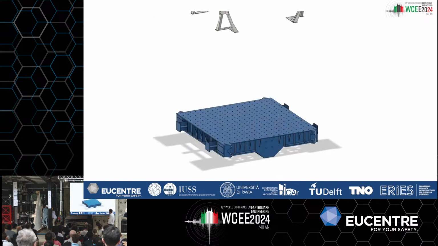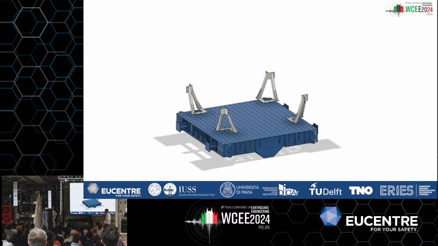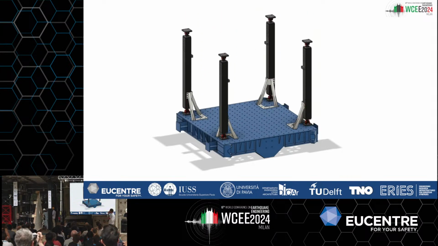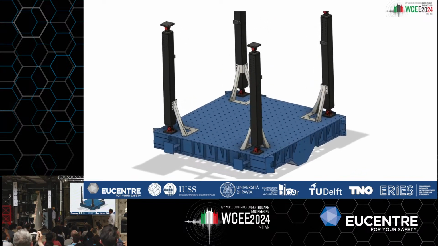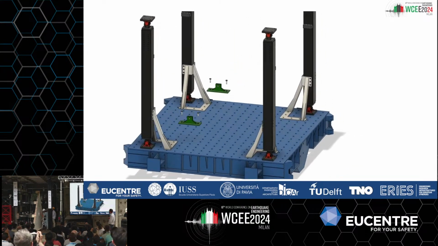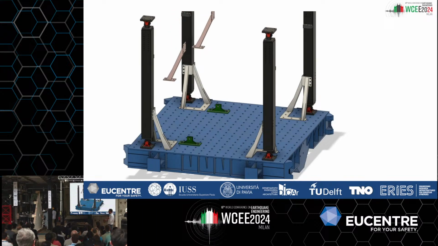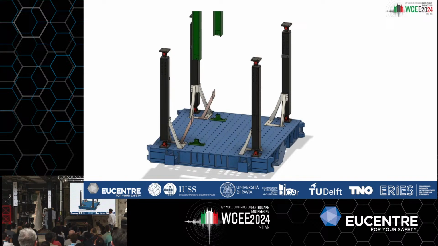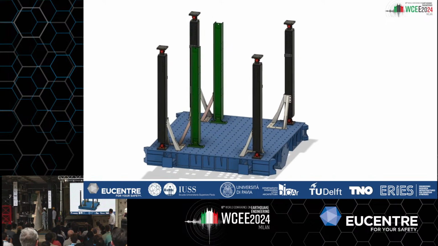Then there is this video. It's pretty long, but we can speak also about other stuff while it's going. But it is very important to understand how the setup is made. As you see, we will have a dedicated presentation about the system, this 9D double shake table system.